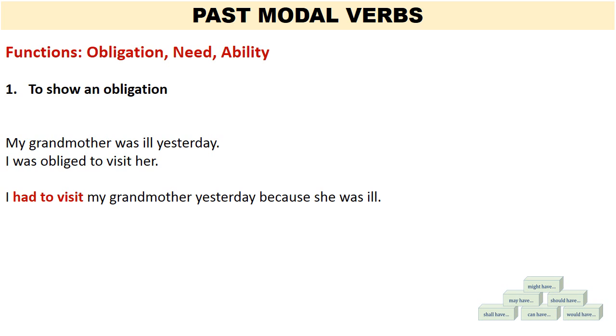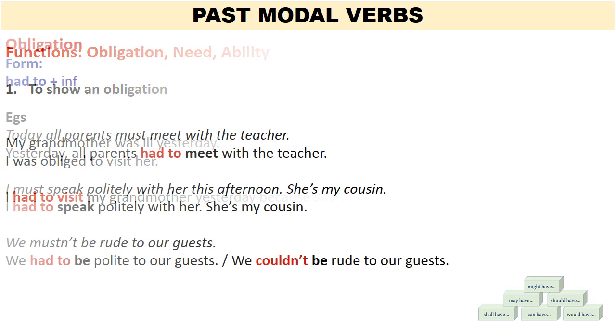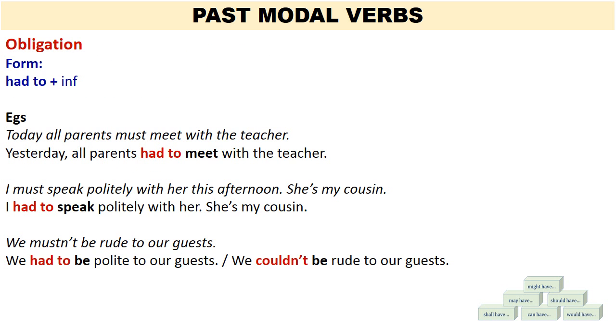For example, my grandmother was ill yesterday. I was obliged to visit her. So we can say, I had to visit my grandmother yesterday because she was ill. And in this obligation, the form is had to plus the infinitive form of the verb.